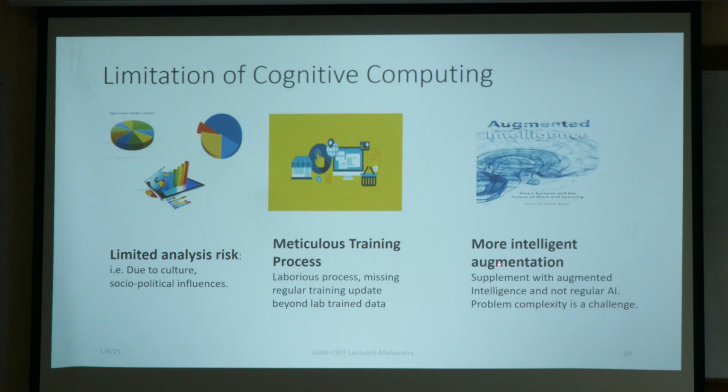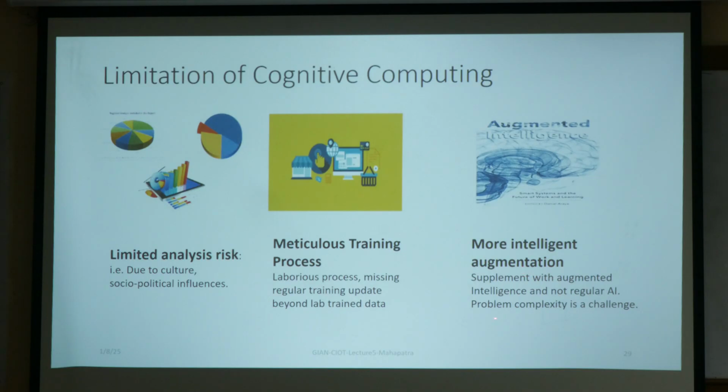Then, more intelligent augmentations. We discussed several augmentations today in the first lecture. You always have to increment, because you have to keep learning and keep adding new data. Incremental learning is something you have to keep pushing so that intelligence is built up in your cognitive IoT system.